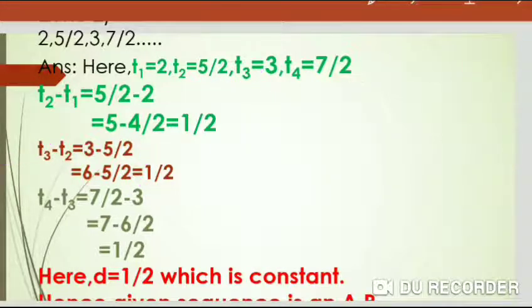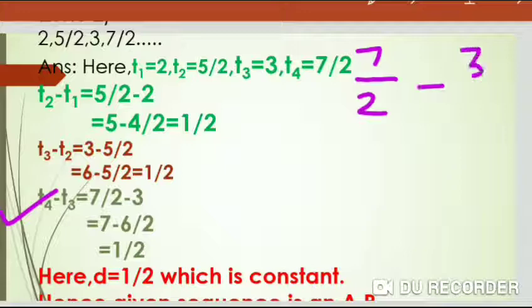Now students, consider again the next term, which is T4 minus T3. The value of T4 is equal to 7 upon 2 and the value of T3 is equal to 3. See here again the denominator of 3 is 1. Here we again take the cross multiplication. Now 7 into 1 is equal to 7.